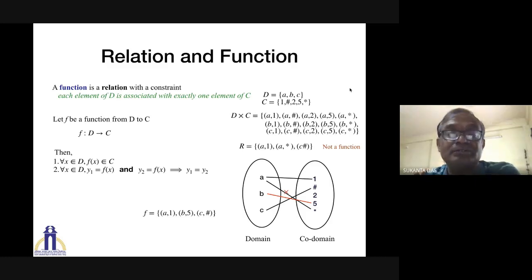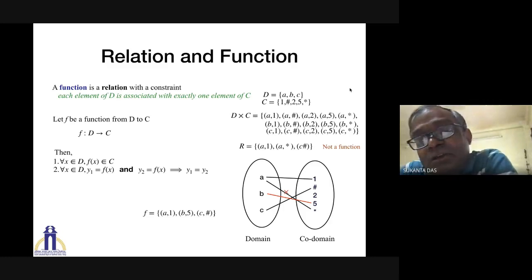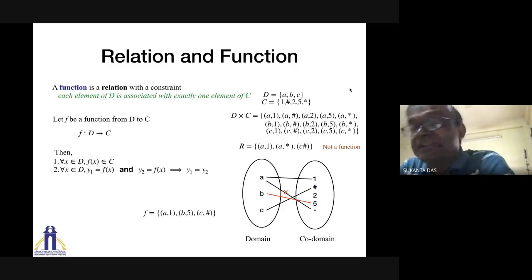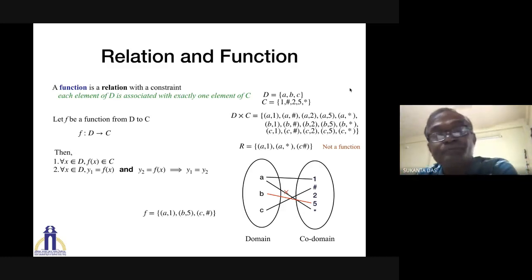So this is a function. Both the conditions are respected here. So an obvious conclusion: all relations are not functions, but all functions are relations. The reverse is not true.